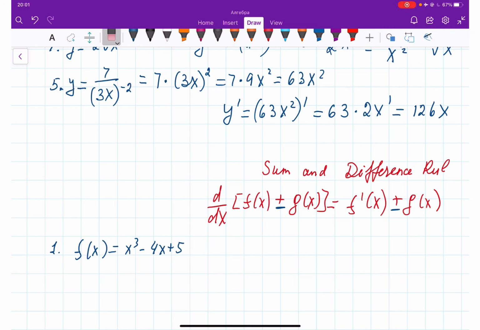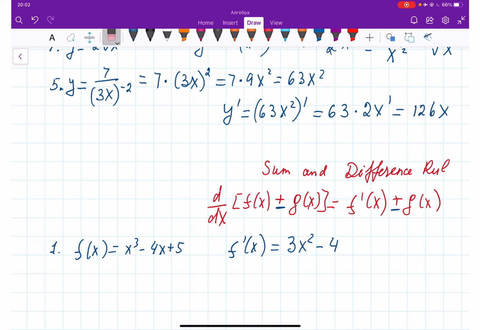Okay, so the derivative is going to be 3x squared minus 4, and 5 is going to be 0, right? Now, 3 comes in x cubed. The derivative of x cubed is going to be 3x squared, so this 3 comes in front, right? And the exponent will stay less 1.